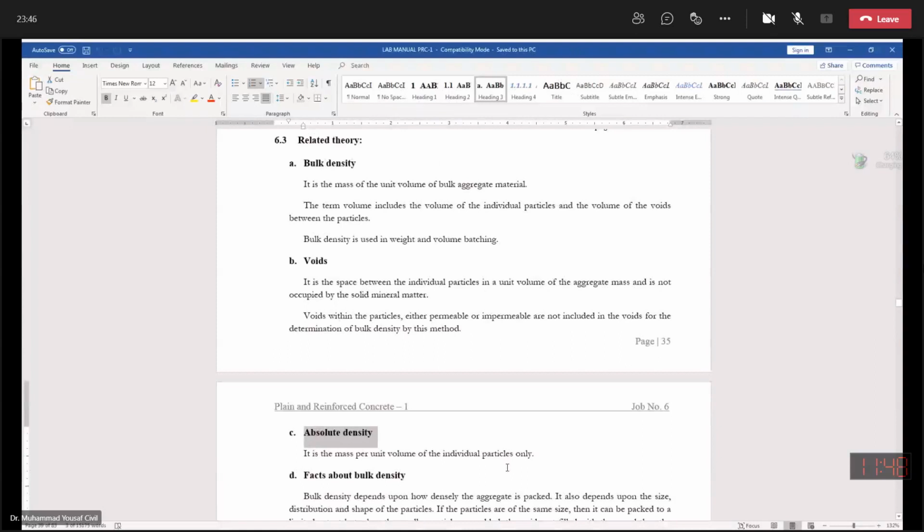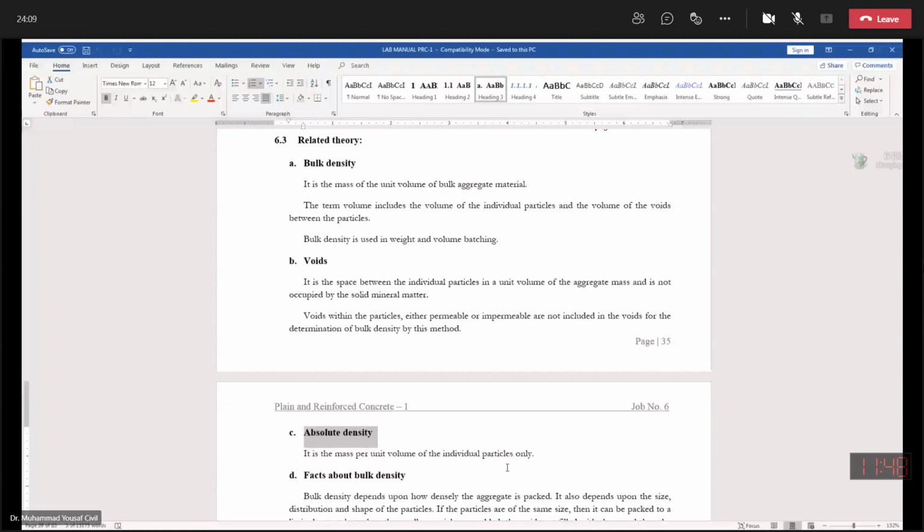If you exclude the voids between the aggregate particles, then the resulting density will be the absolute density. How can you find out the volume of the voids between the aggregate particles?